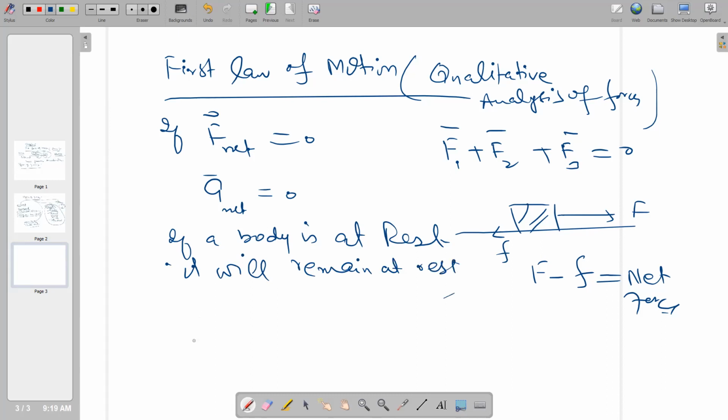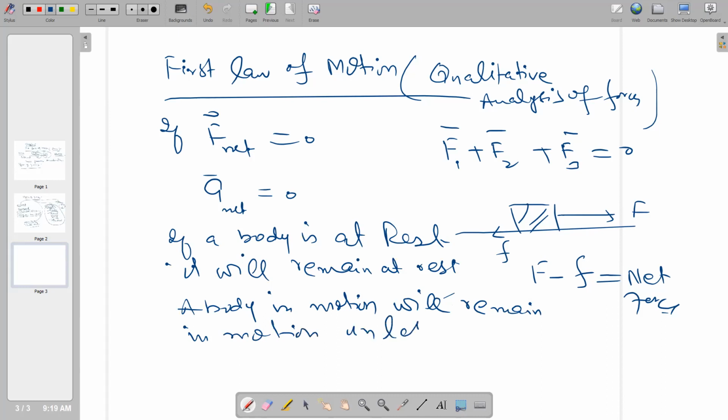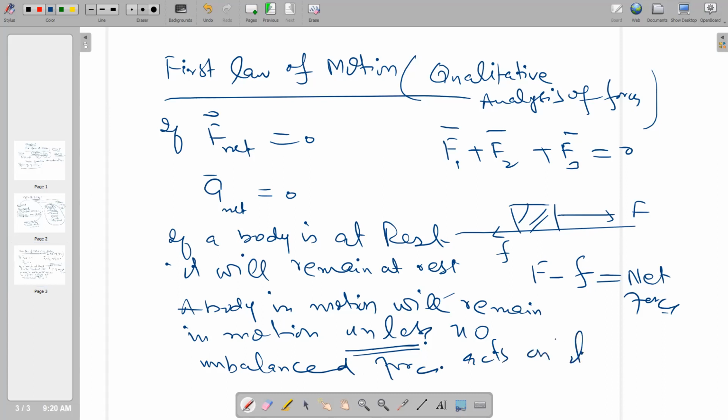The second thing, he said, is that if a body is in motion, it will remain in motion, unless there is an unbalanced force. No unbalanced force means no external force acts on it. So if a body is in motion, it will remain in motion.